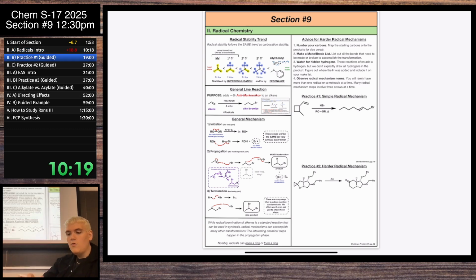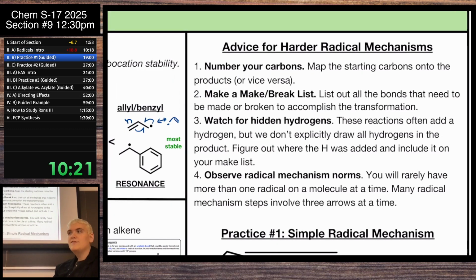But for these harder radical mechanisms, let's talk about our strategy. So a big thing is number your carbons. It's just helpful, typically starting with the product, numbering your carbons, and then also try to map the starting materials onto the product and get some anchor points. Once you have things mapped out and numbered, then you can make a list of goals of make and break for bonds.